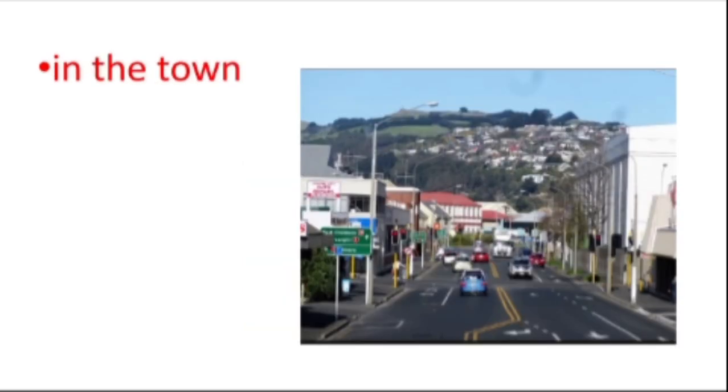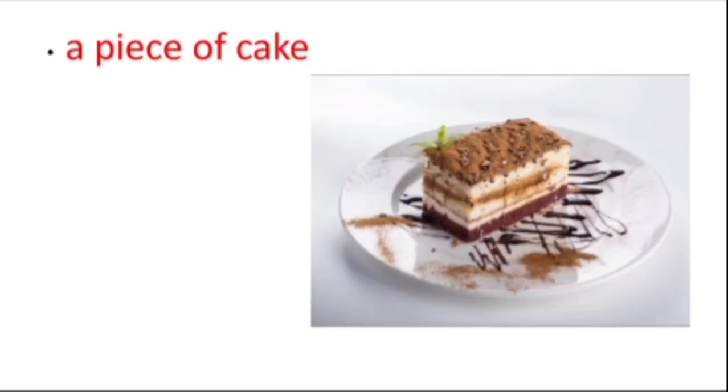Next example, in the town. This is also just a group of words. It does not have a subject, it does not have a verb, and it doesn't make a complete sense. So it is known as a phrase. Is it clear to all? Okay, now next example. A piece of cake. Now this is also just a group of words.